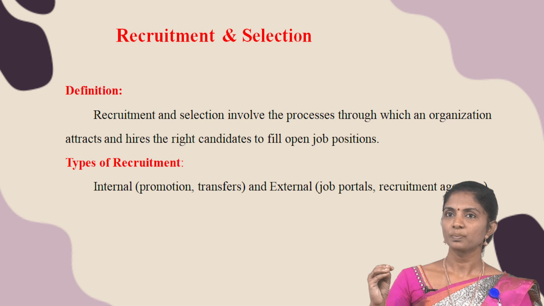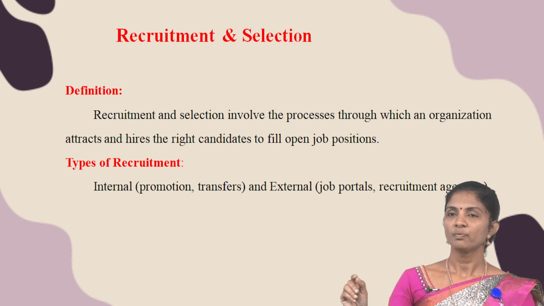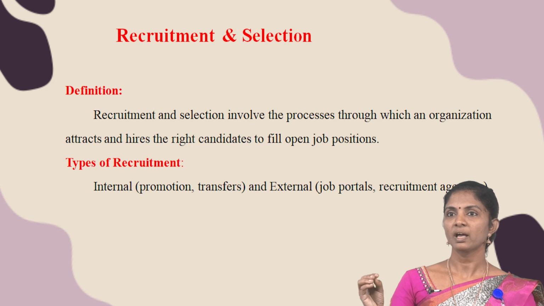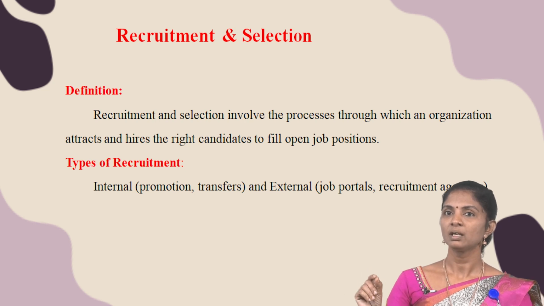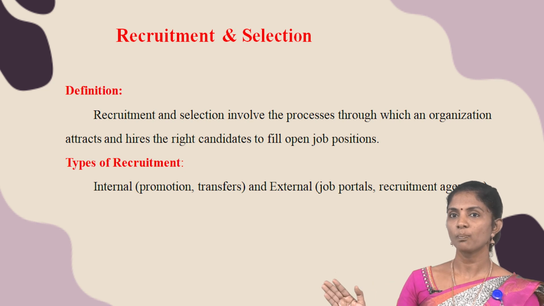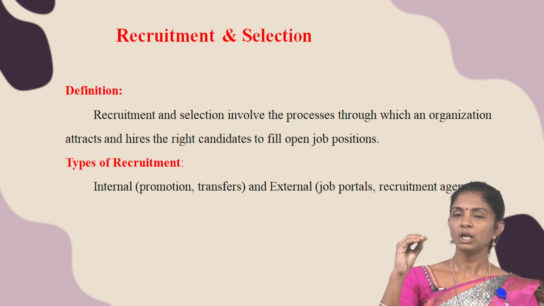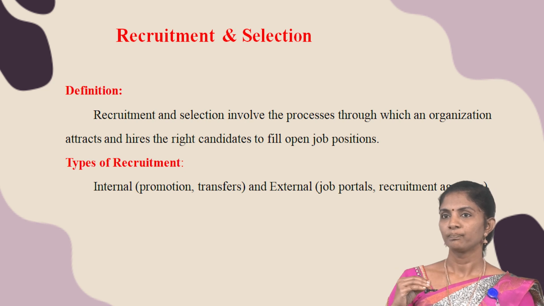So, what is recruitment and selection? It involves the process through which an organization attracts and hires the right candidates to fill open job positions. What is the key component of recruitment?